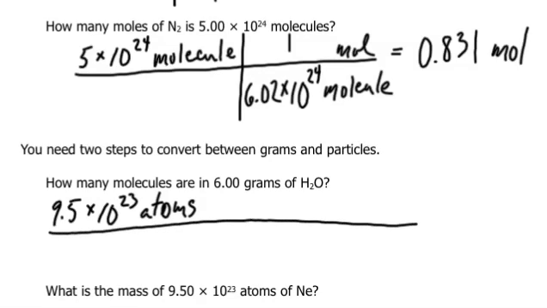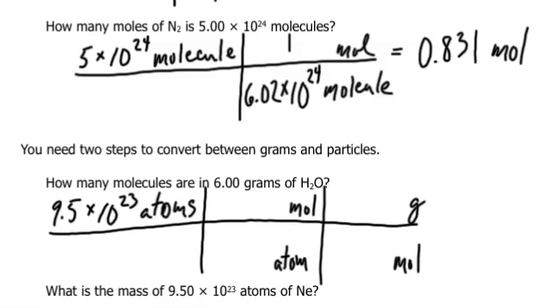And we'll make our unit map here. We can't go directly from atoms to grams to mass, so we have to go through moles. So moles, and then once we have moles, we can go to grams. So atoms down here, moles down here.